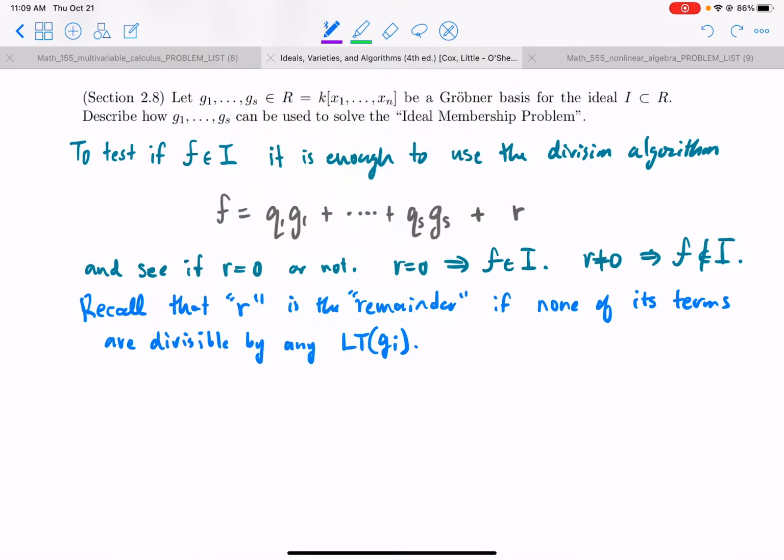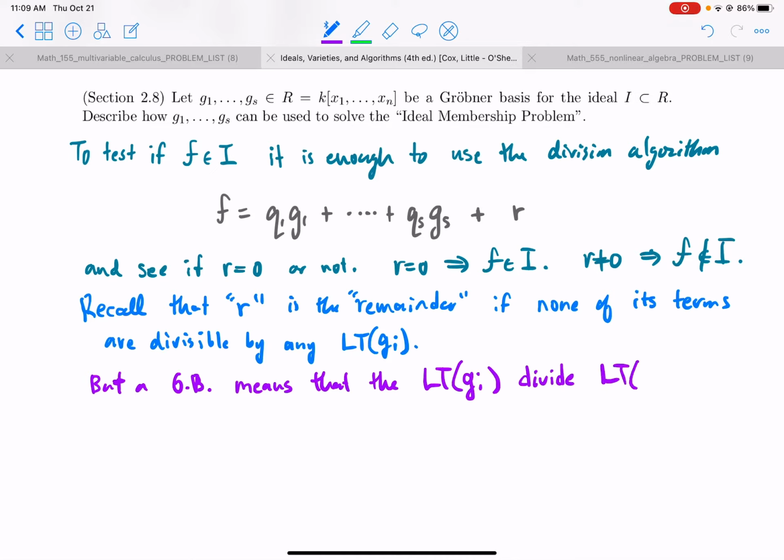And then I have to remember, what does a Grobner basis mean? A Grobner basis means that the LT of Gi divide LT of F for any F in the ideal.